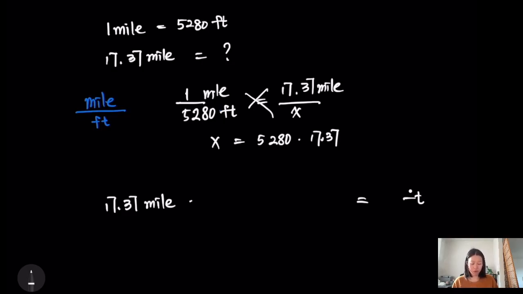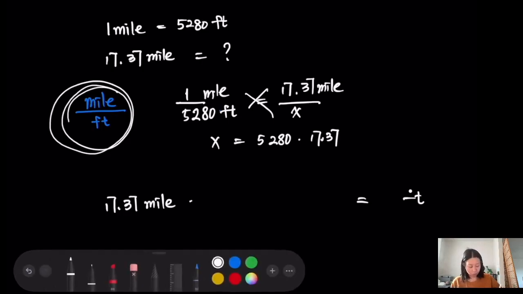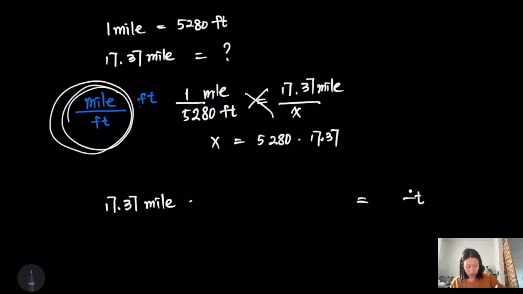What will be the conversion unit? The conversion factor is either miles over feet or feet over miles. So how do I know which one? In here, we need to use the feet over miles.